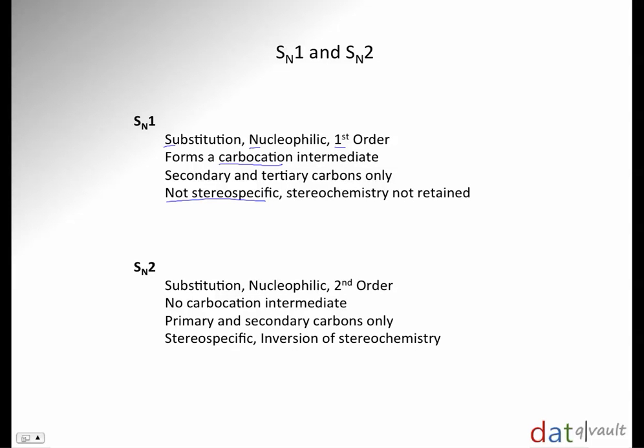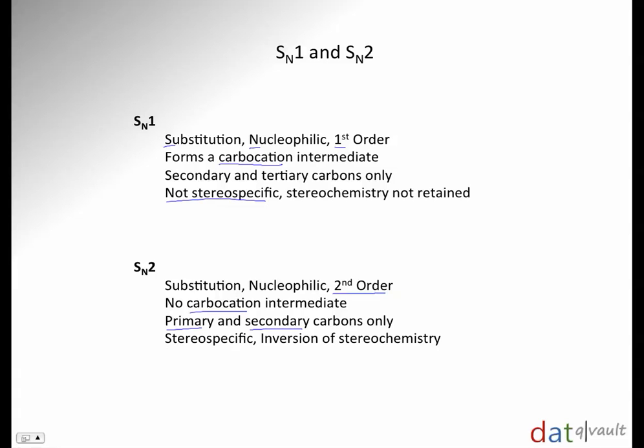In the SN2 style substitution, the 2 stands for a second order reaction. We'll go over why this is in the reaction kinetics. In an SN2 substitution, there is no carbocation intermediate, and because no carbocation is formed, we're only going to be using primary and secondary carbons for this reaction.